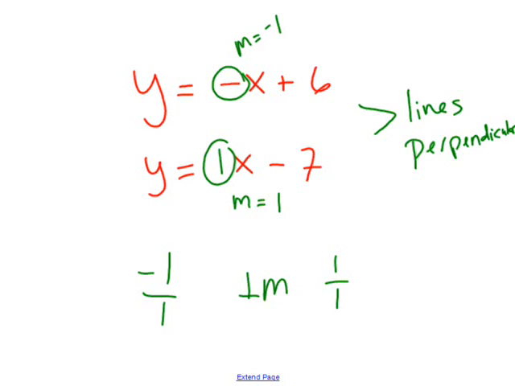Now sometimes you might have to do what we did yesterday. If we have a situation where we have 3x plus 2y equals 6, we might need to figure out what the slope is. So first, this is 3x.